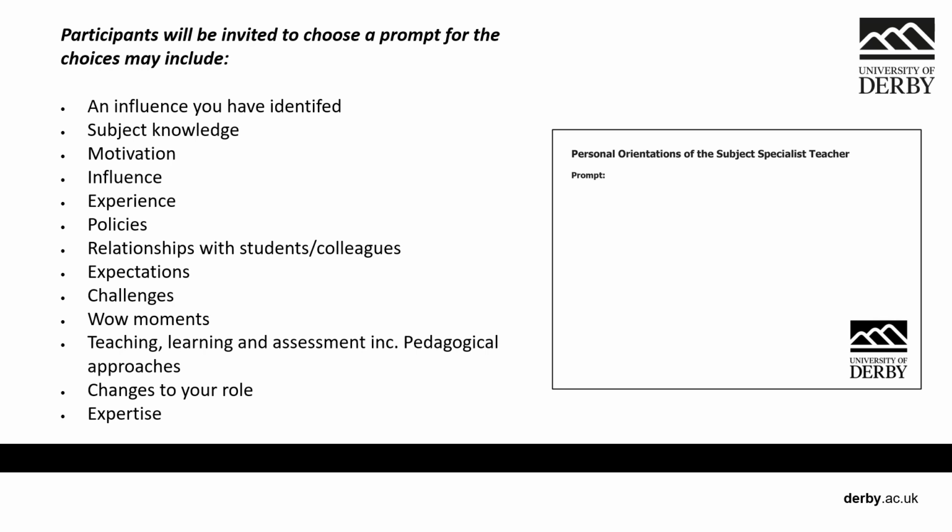Or you might pick one of these or think of another one. So it's worth having a look at these, and each time that you sit down to do your card, thinking about which one you could write about, or even looking at them beforehand so that you can plan what you're going to write on your postcard.